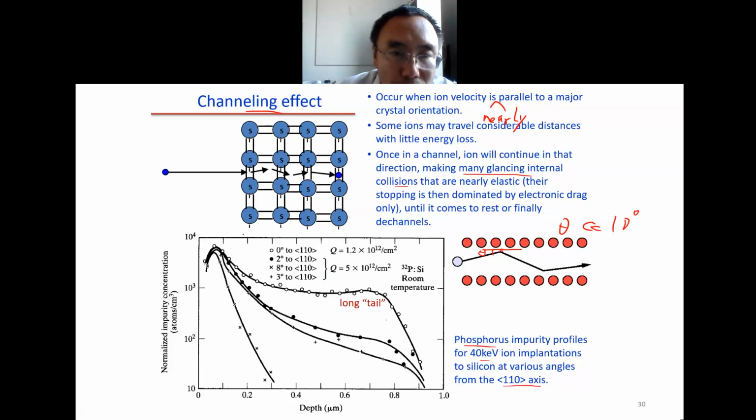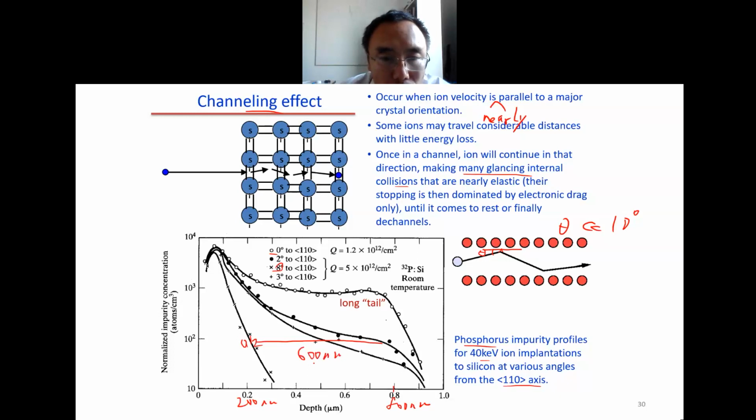At 0 degrees, it goes this far, about 800 nanometers. At 8 degrees, it comes to about here, about 0.2 micrometers, which is 200 nanometers. Because of the channeling effect, it goes an extra 600 nanometers.